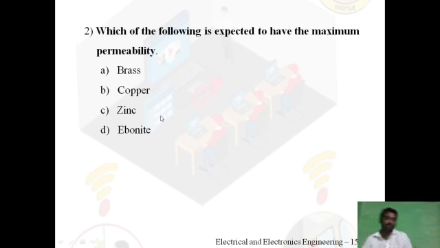If you know the values, we can easily tell which has maximum permeability. The brass has approximately 1.06, the copper around 0.99, and zinc around 16 to 60. When compared to all these materials, the ebonite has a high value of permeability when compared to brass, copper and zinc. Therefore, we can go for answer D.